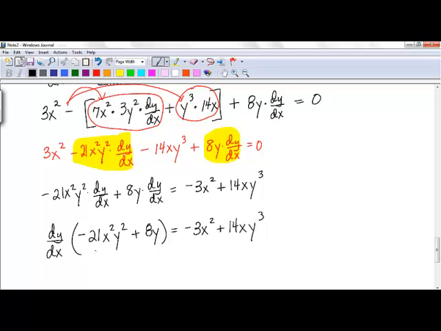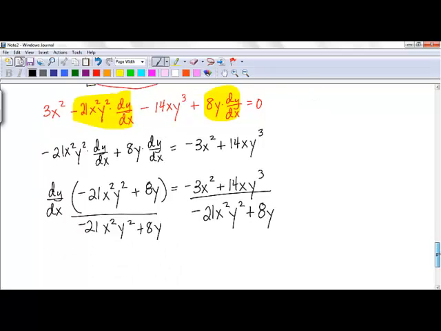Okay, and then divide. So divide by negative 21x squared y squared plus 8y on both sides. Now, did I give you an ordered pair? I didn't on this one, did I?